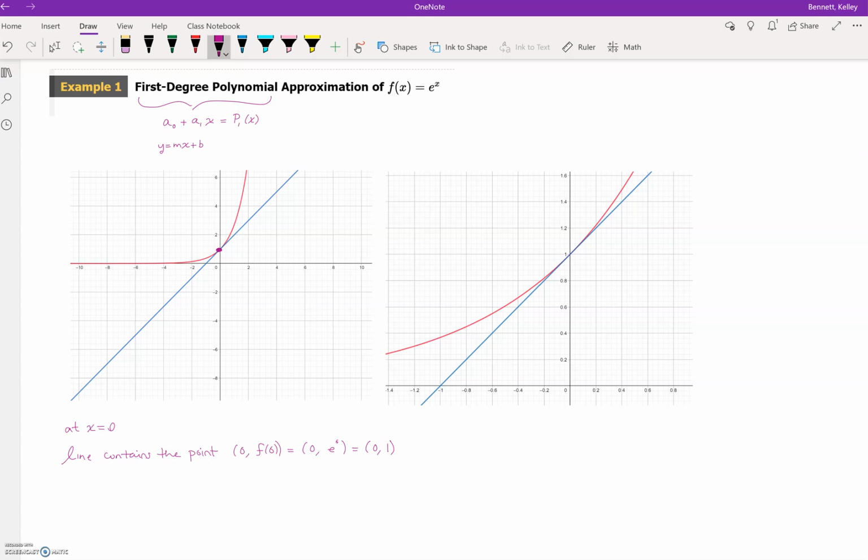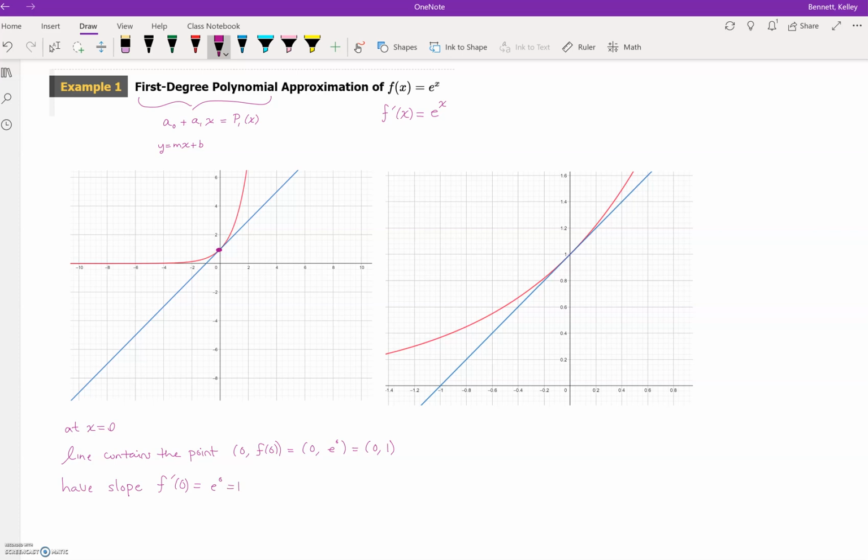And then it also has to have the slope equal to the tangent at that point. So it's going to be the slope value of f prime of 0. We know that f prime of x is e to the x, so f prime of 0 is just e to the 0, which is 1.